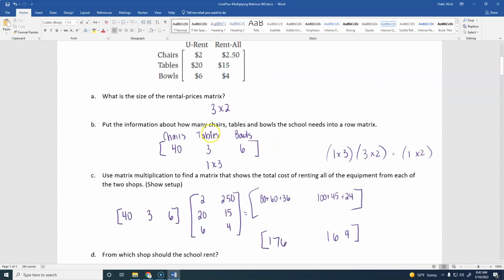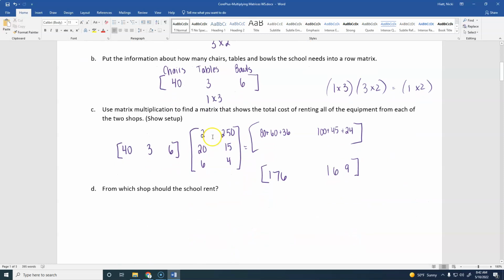So this would be rent one, and this would be rent all, and which one should they buy from or rent from? Rent all should be our choice, although there's not a lot of difference, so if you like one better than the other, go with that.